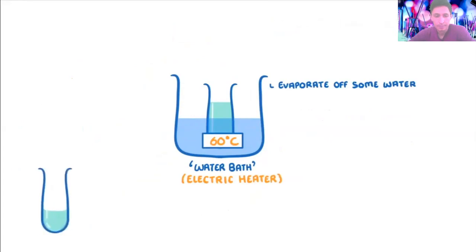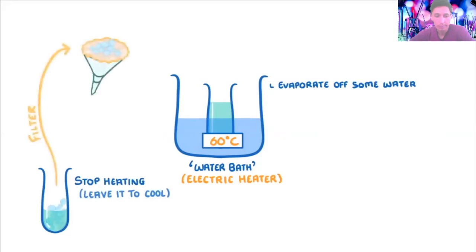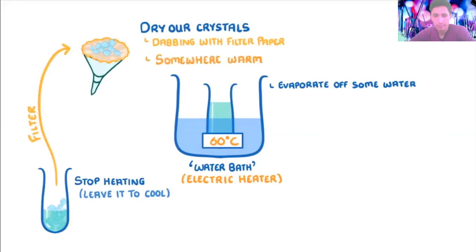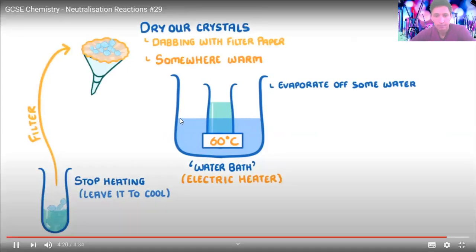Once we've evaporated a bit of the water off and we start to see crystals forming, we can stop heating it and leave it to cool, which will cause even more crystals to form. We then filter these crystals out using filter paper and funnel again, and then dry our crystals, either by dabbing them with filter paper or leaving them somewhere warm. And that's it. We've used an insoluble base plus acid to make crystals of a soluble salt.